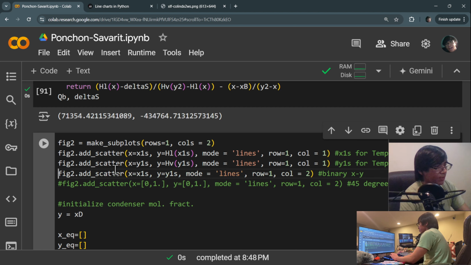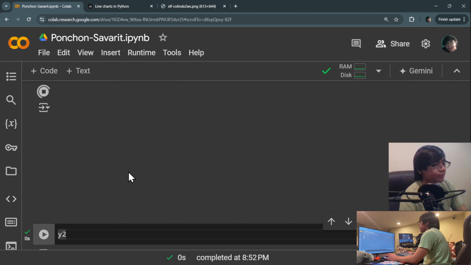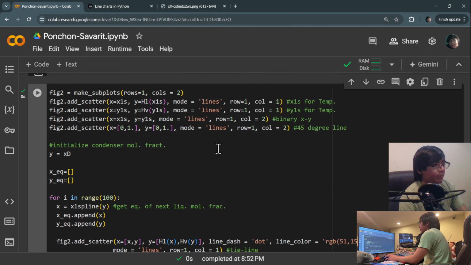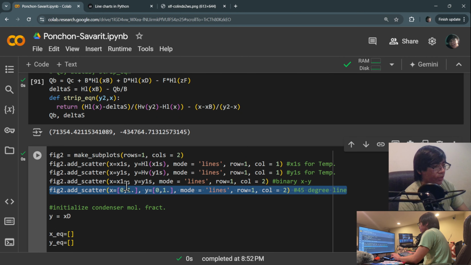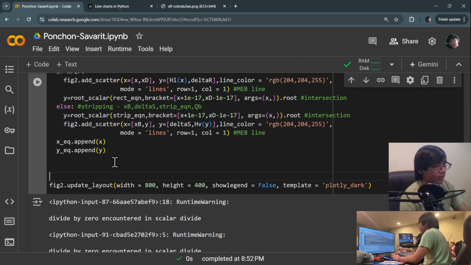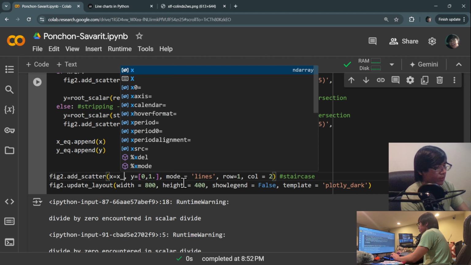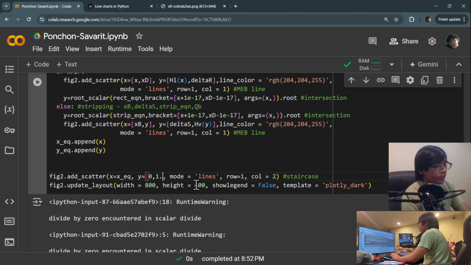So let's graph that and see if it's still working. Awesome, it's there. So now we just graph, let me copy paste one of these, our equilibrium. We can put this at the very bottom, because why not? So this is our staircase.